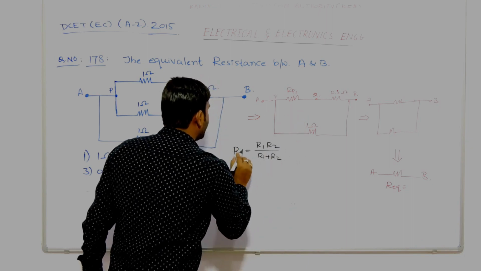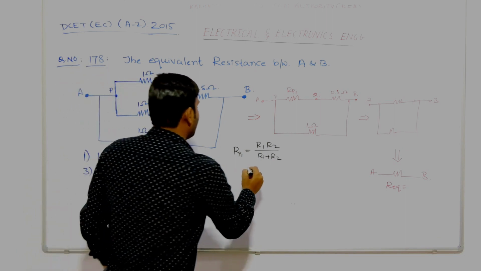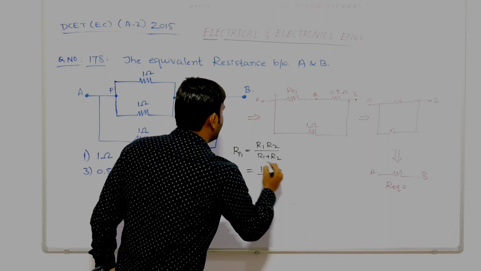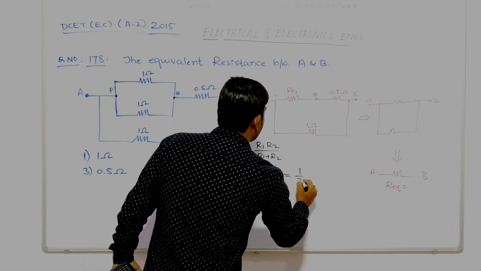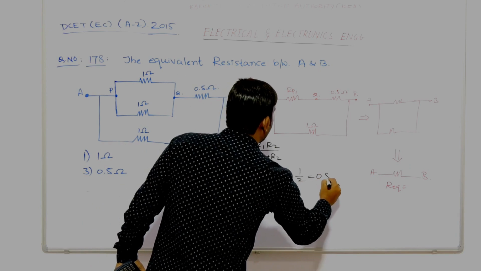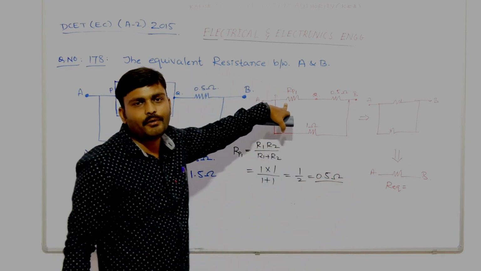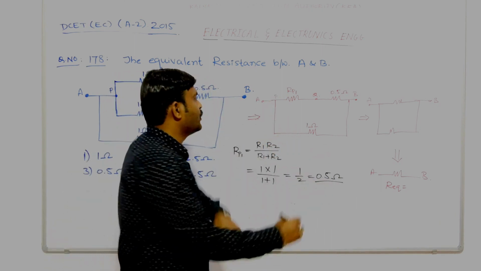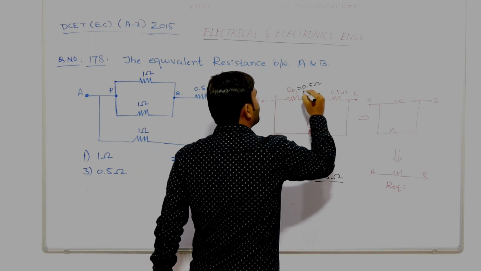I have taken that as RP1. What is R1? 1. What is R2? 1. Divided by R1 plus R2, 1 plus 1. What we got? 1 by 2, that is 0.5 ohm. So RP1 is equal to 0.5 ohms.